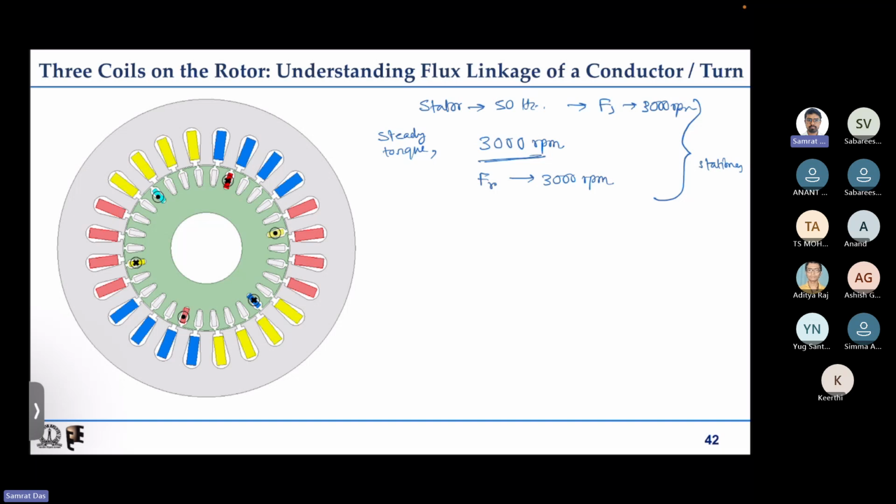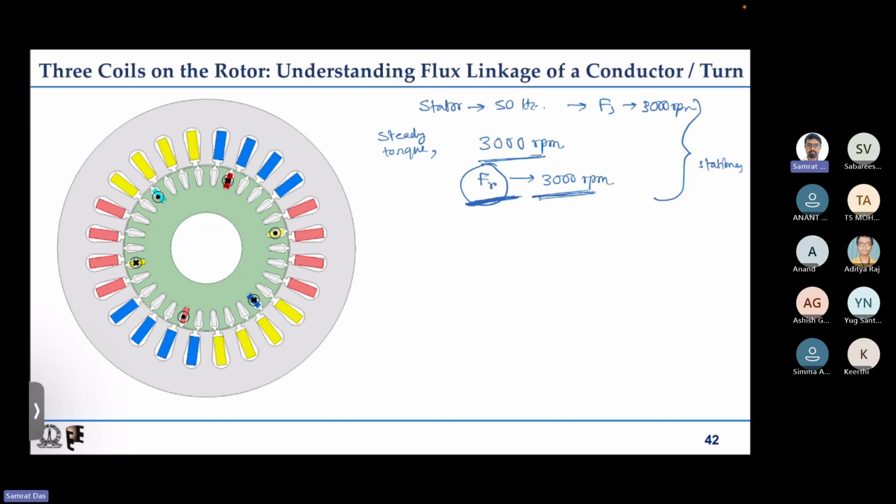So now we can realize this rotating magnetic field of the rotor at 3000 rpm by giving some excitation, say, as I took in that case 10 hertz, that corresponds to 600 rpm, say in the anticlockwise direction.